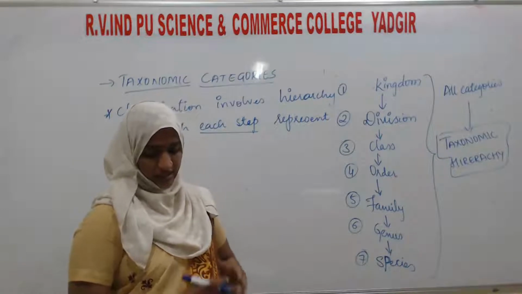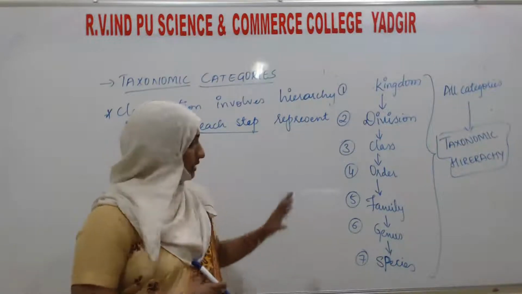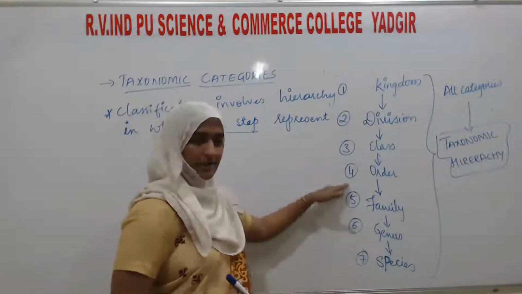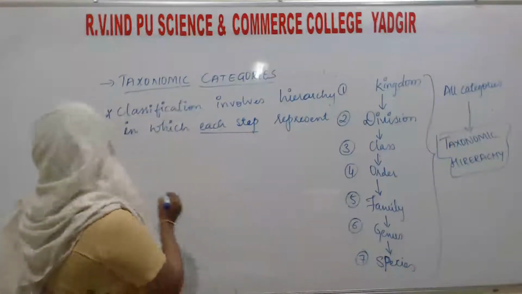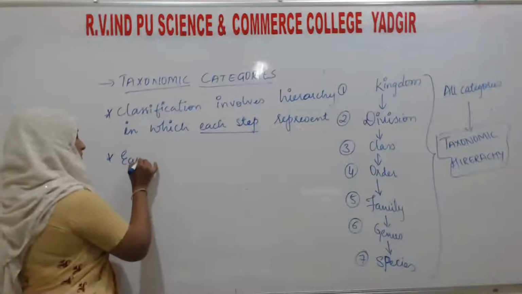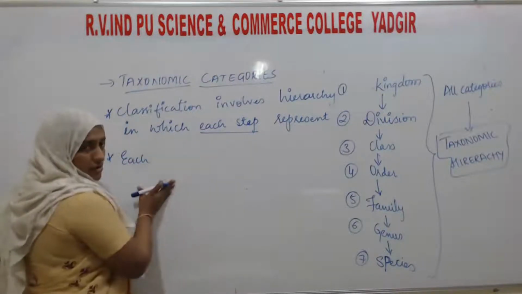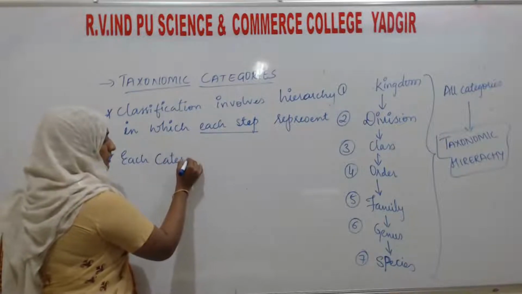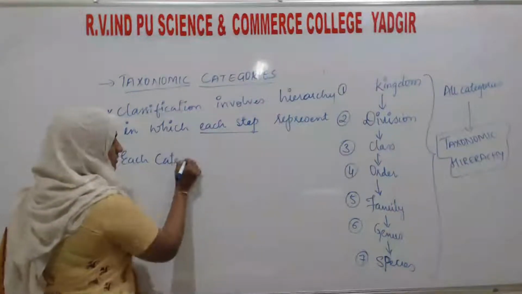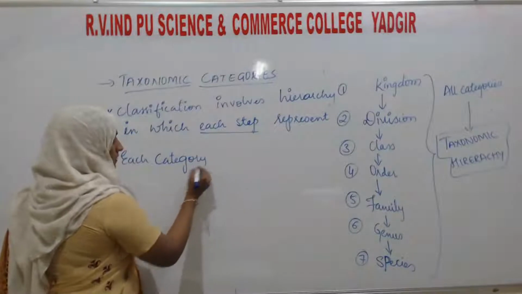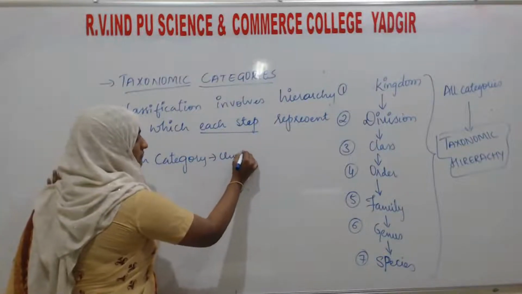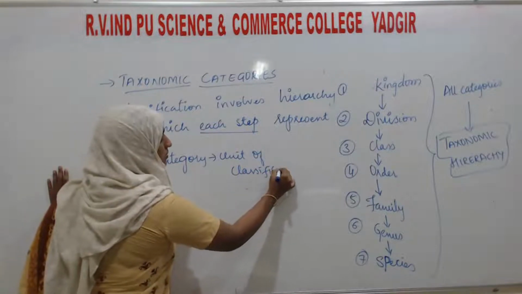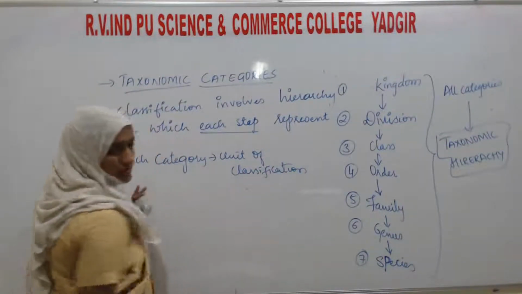So each category is referred to as a unit of classification. Each step we are calling a category, and each category we can call a unit of classification.